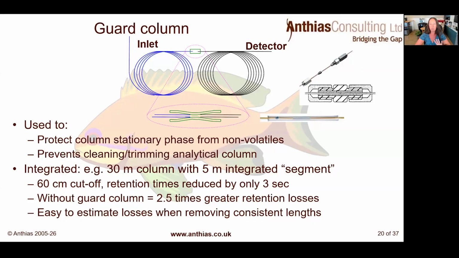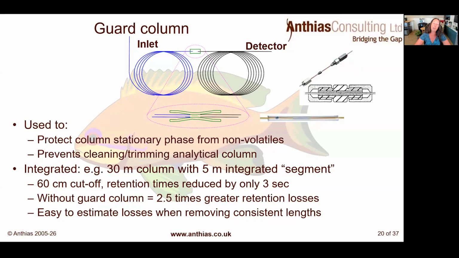So it's got no stationary phase, but those silanol groups are deactivated. If you trim 60 centimeters off a guard column, the retention time is only reduced by about 3 seconds, because of course we're not affecting the amount of stationary phase in there. Without a guard column, you would be trimming off the stationary phase, so you get about 2.5 times greater retention losses.